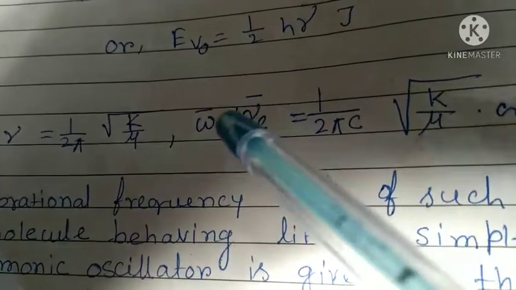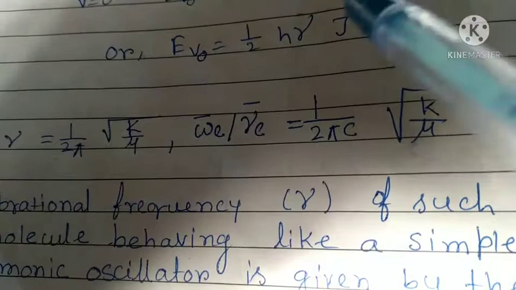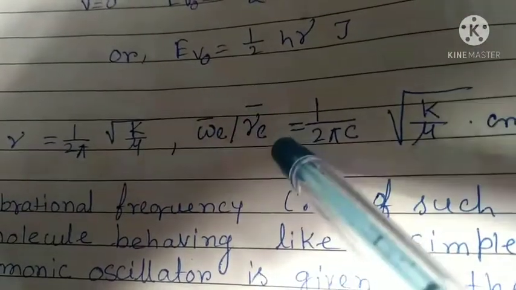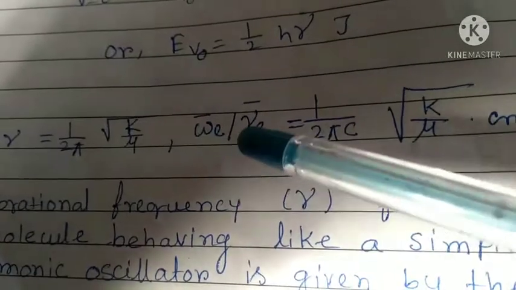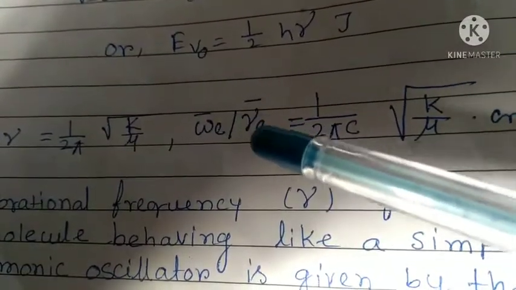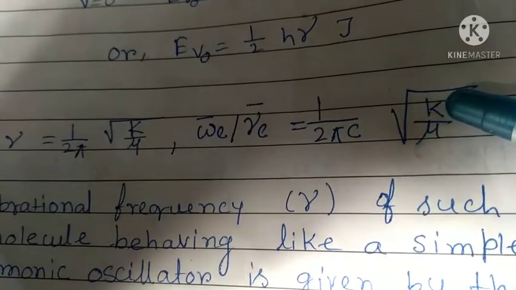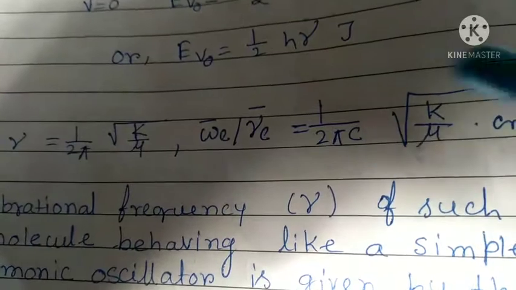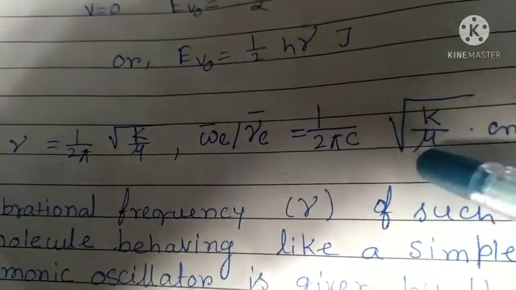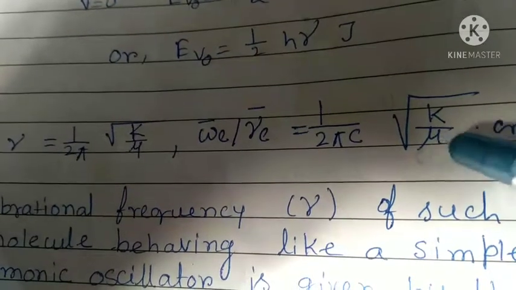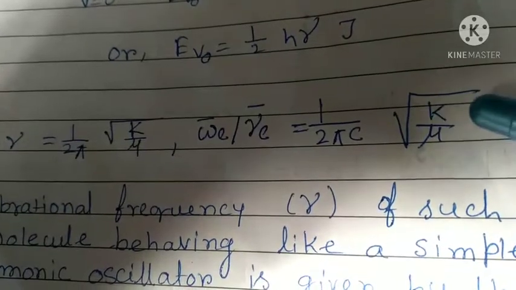So using this equation, if k and mu are given, we can determine omega e bar or the frequency for the transition. And if omega e bar is given, meaning the fundamental vibration frequency is given, and mu is given, then you can calculate the force constant k also.